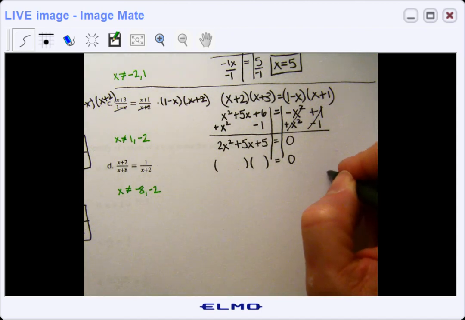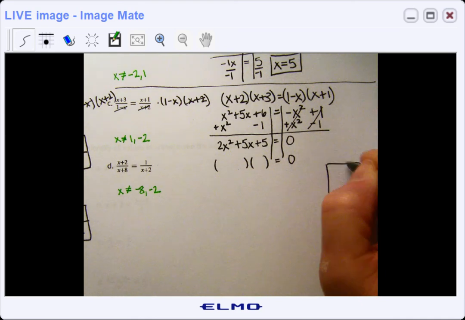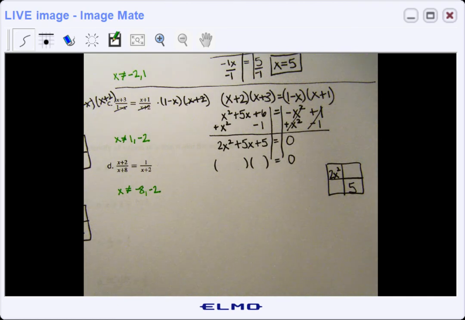All right, so to factor this, we're going to put our first term here, 2x squared. Our constant goes down here, 5. And then we multiply them together. And we get 10x squared.